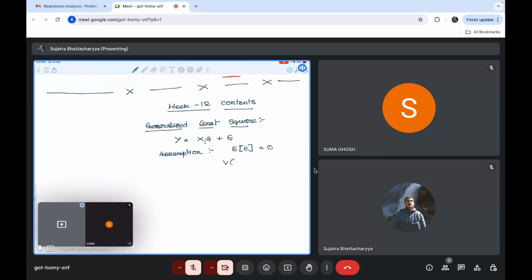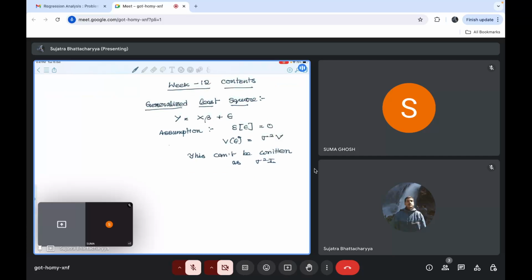And the variance of epsilon is not sigma square I. You cannot write it as sigma square I. So this is related to a problem of non-constant variance.